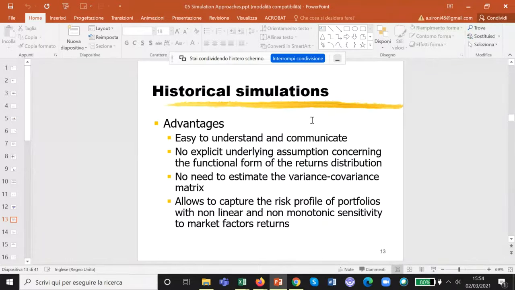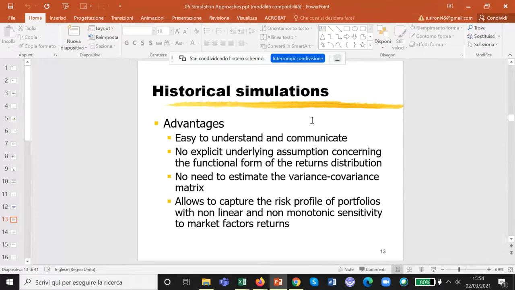Also, the correlations are captured by the co-movement in the past. So I don't need to estimate correlations, okay? And finally, because of full valuation, it allows me to capture the profile of nonlinear portfolios and also non-monotonic portfolios, which is very important here.